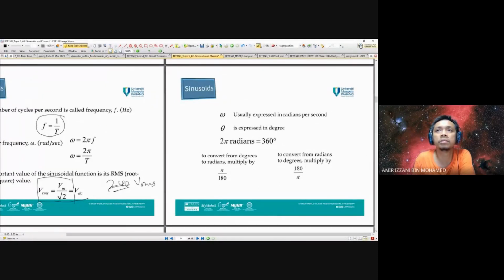Omega is usually expressed in radians per second. Theta is in degrees. 2 pi radians equals 360 degrees. So this is how to convert from degrees to radians, or the other way around, radians to degrees. Just multiply by pi over 180, or to convert radians to degrees, multiply by 180 over pi.